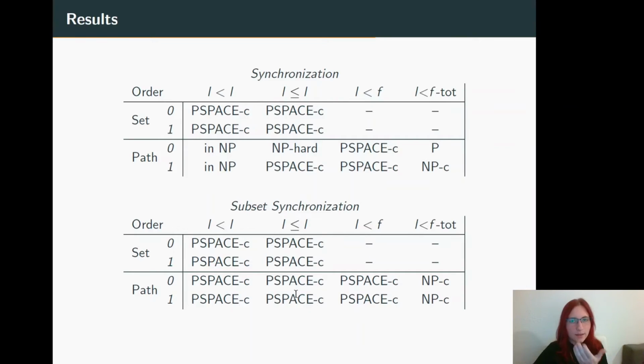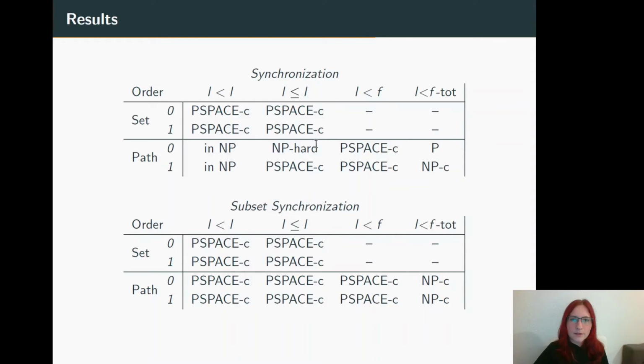So we were basically looking at the complexity of these problems, and we noticed that in the case when we consider sets, in both variants we observe that the problem is PSPACE-complete. Whereas if we are considering paths, then in the simple synchronization problem, we can observe a drop in complexity if we go from sets to paths in the version where we demand that the last occurrence of the smaller state is strictly smaller than the last occurrence of the bigger state.